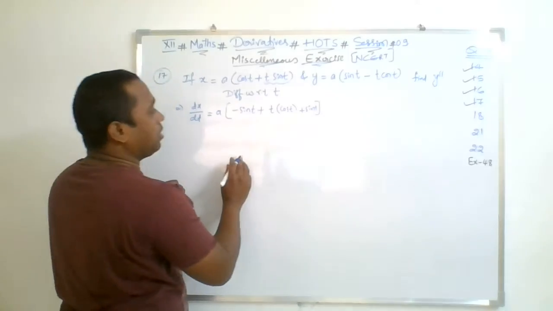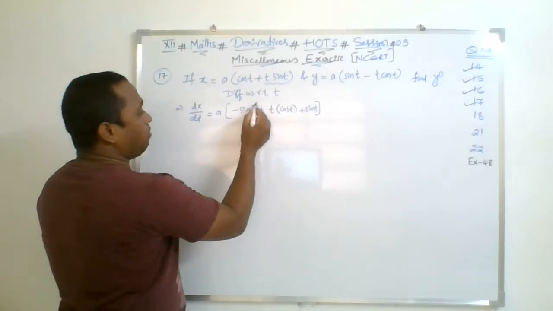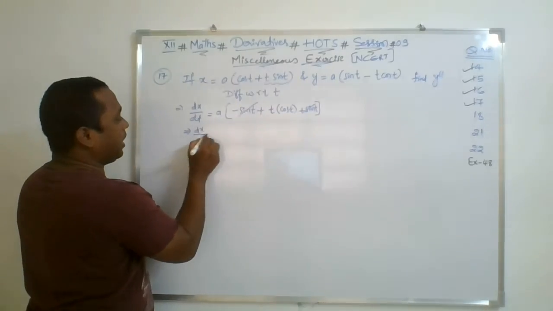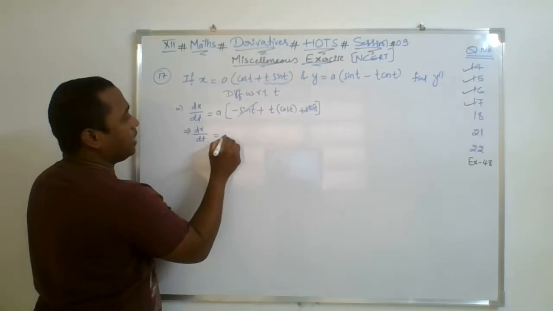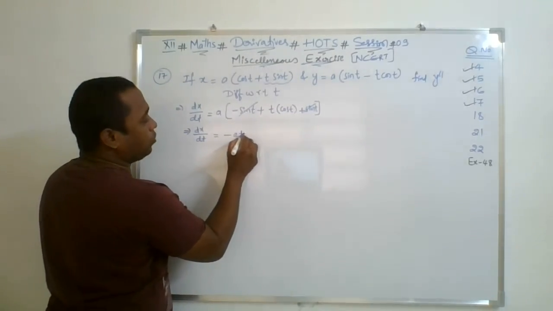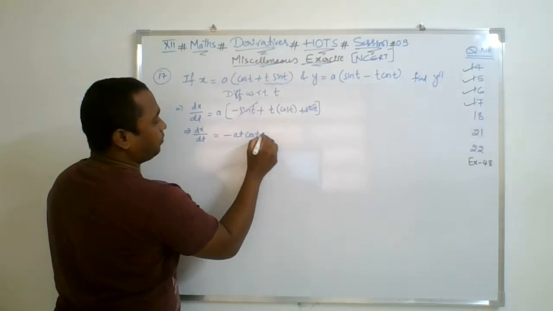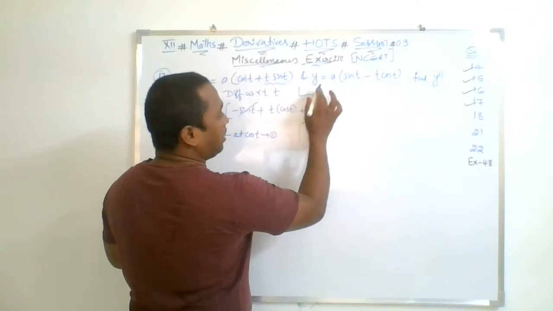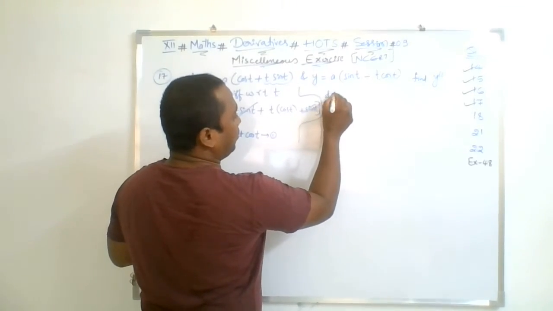So minus t plus t get cancelled. So finally I am getting dx by dt as minus a into t cos t. Result number 1.